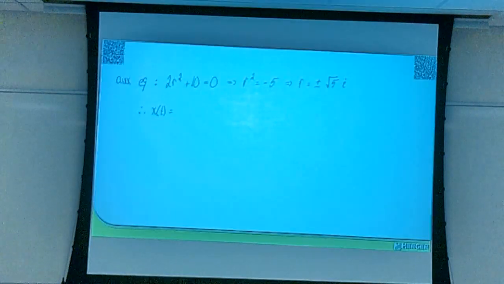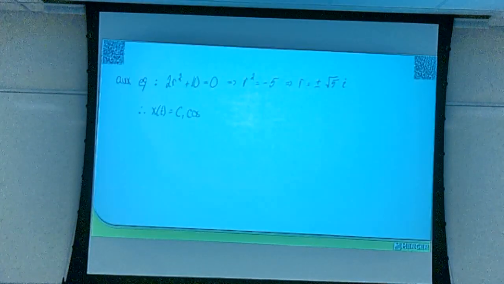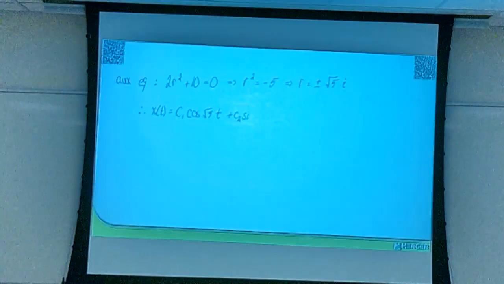C1 cosine root 5, plus C2 sine root 5. Close. Root 5t. That's the equation of motion, the family of solutions, right?